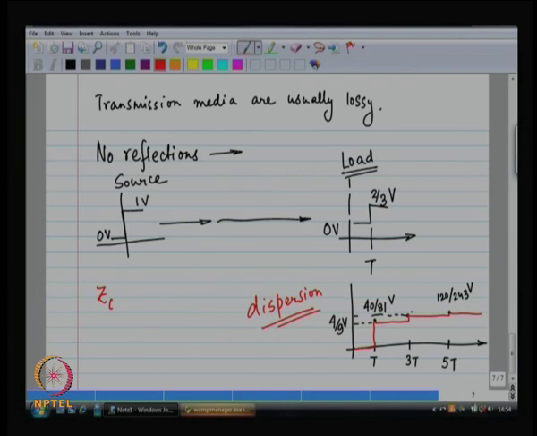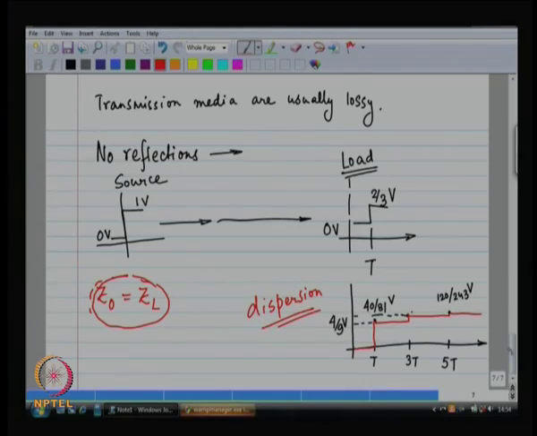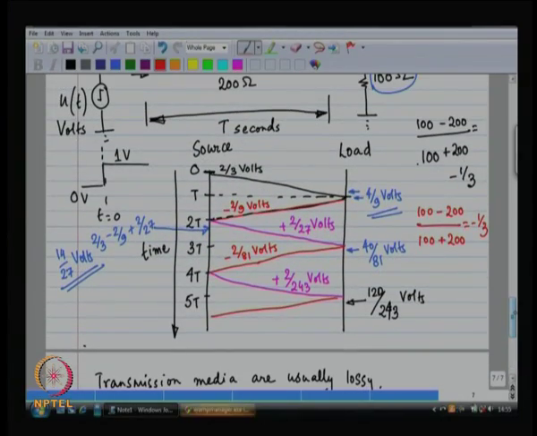Okay. Now, something else happens when you manage to do so. This is something that we like. Now, suppose by some quirk of fate Z L is not exactly equal to Z naught. I mean, you tried your best and you designed Z L to match it to Z naught, but it is not exactly equal. Then what do you do? Do you have any other choices? Yes.